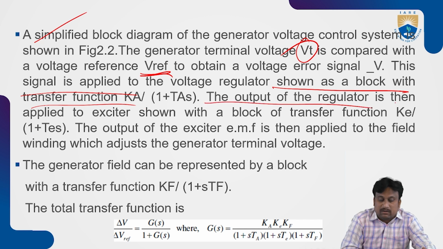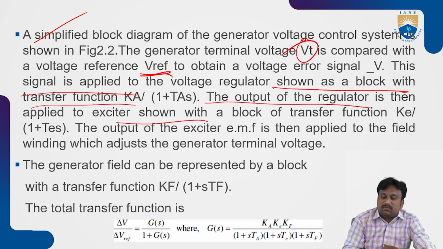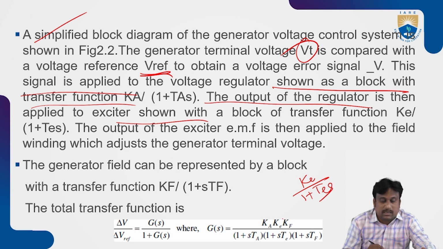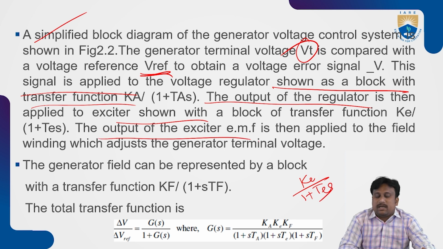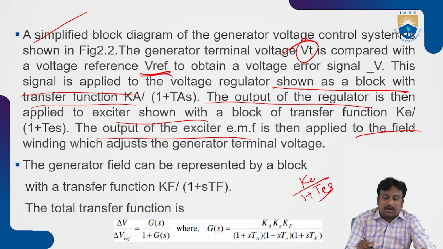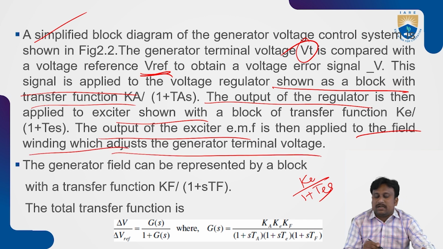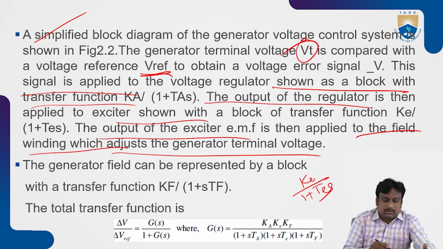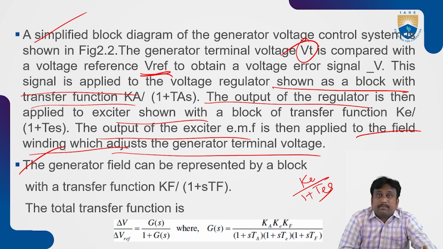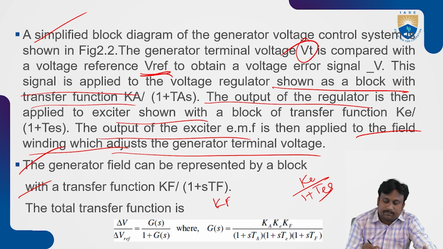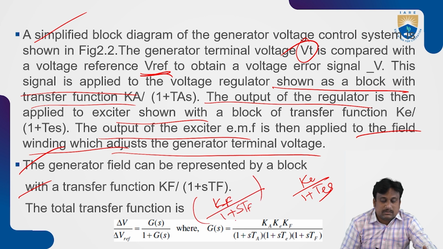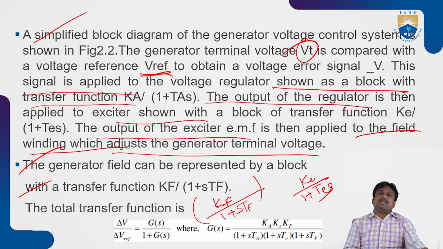The output of the regulator is then applied to the exciter, with a block of transfer function Ke by 1 plus Tes. The output of the exciter EMF is then applied to the field winding, which will adjust the generator terminal voltage. The generator field voltage can be represented by a block with transfer function Kf by 1 plus S into Tf.